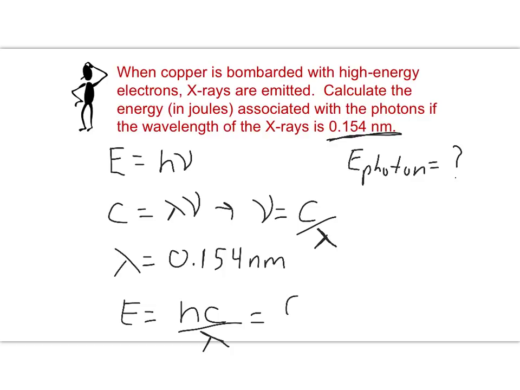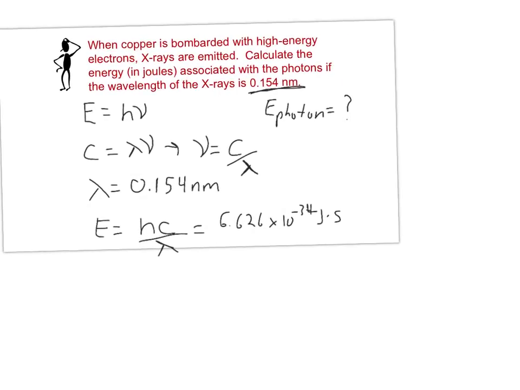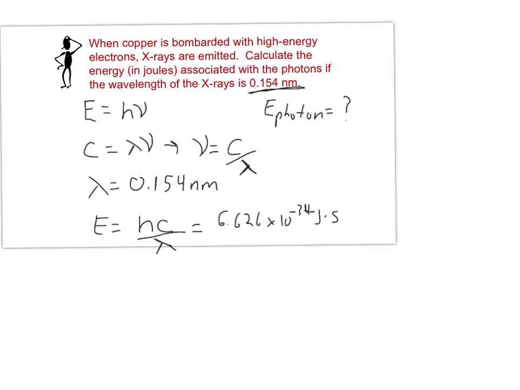Planck's constant, that's the unit for Planck's constant. Make it a little smaller, give myself some room. c is the speed of light.